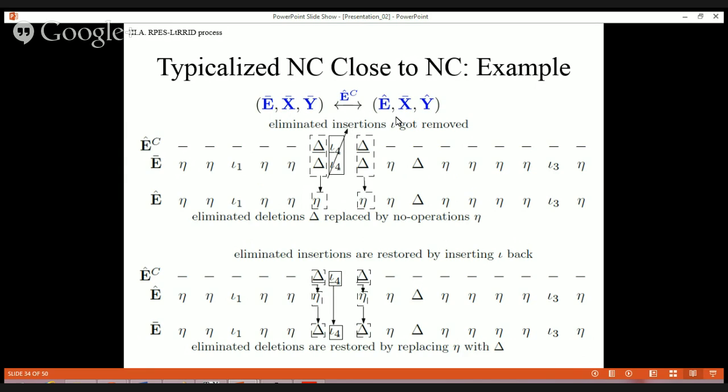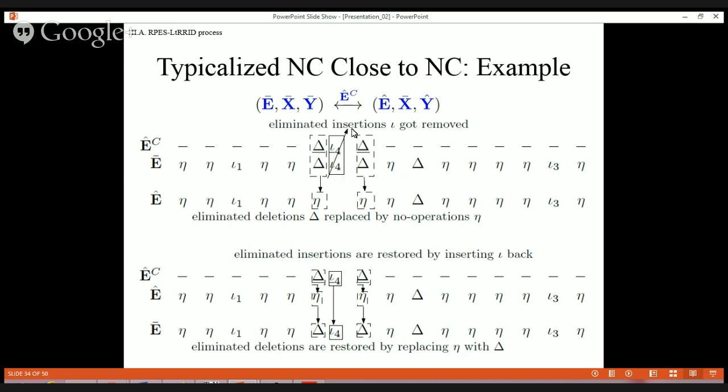So firstly we show the direction from the left-hand side to the right-hand side. With E and E complement, we just eliminate the edits indicated in E complement. We eliminate in this way.